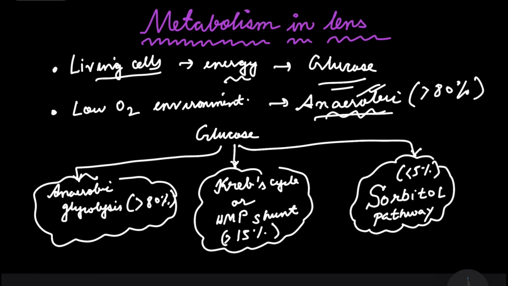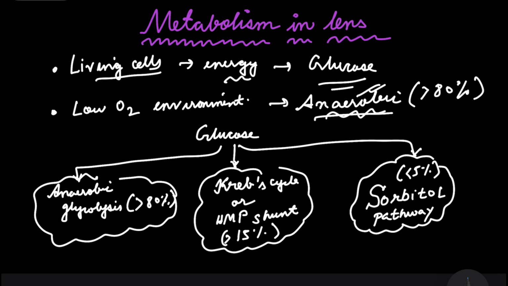After the glucose comes into the lens, it will be metabolized. What is the primary way in which it is going to be metabolized? It is going to be metabolized by anaerobic glycolysis, mostly. Sometimes by Krebs cycle or HMP shunt, about 15%. But a very few select times, it is going to follow the sorbitol pathway.